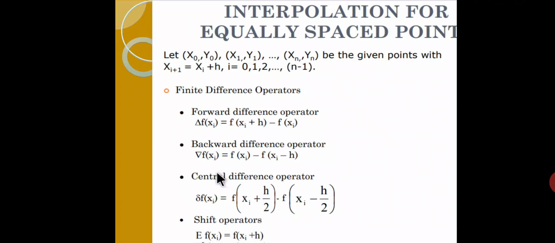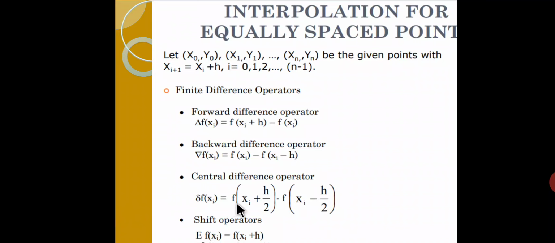Backward difference operator: nabla f of xi is equal to f of xi minus f of xi minus h. Central difference operator: delta f of xi is equal to f of xi plus h by 2 minus f of xi minus h by 2. Shifting operator: E f of xi is equal to f of xi plus h.